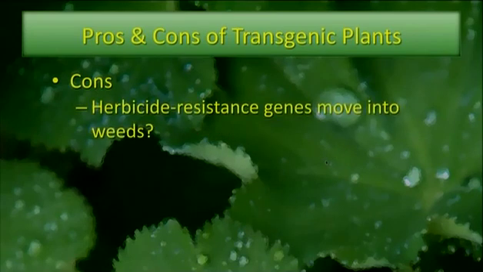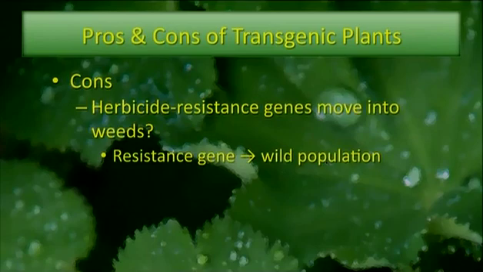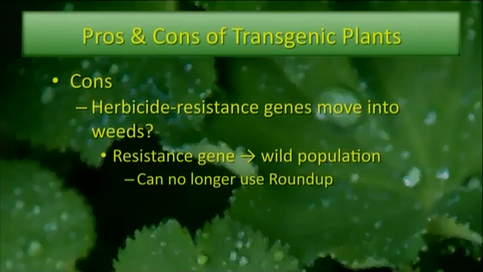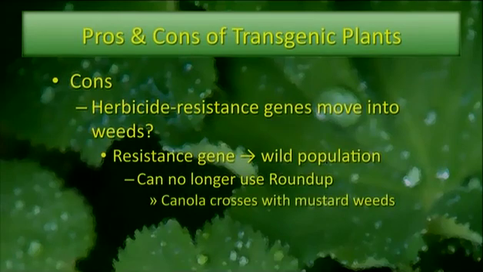May herbicide-resistant genes move into weeds? You could have this herbicide resistance gene going to a wild population. If that happens, you can no longer use Roundup to kill these particular wild populations of weeds. Canola is actually a hybrid between kale and turnip.